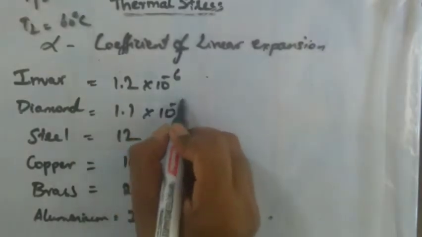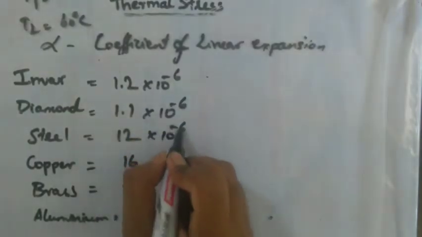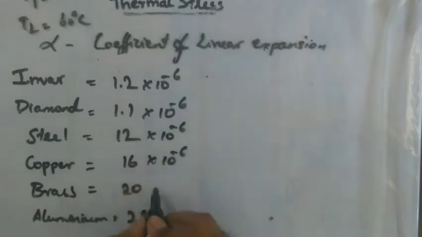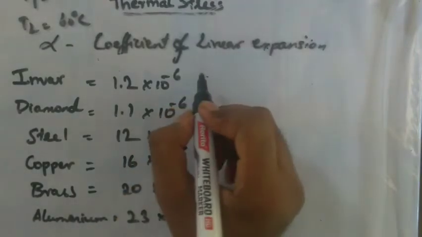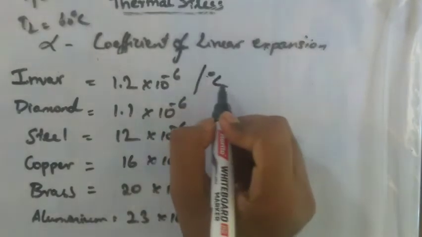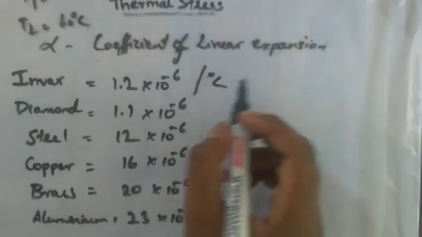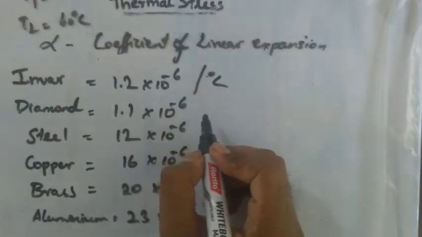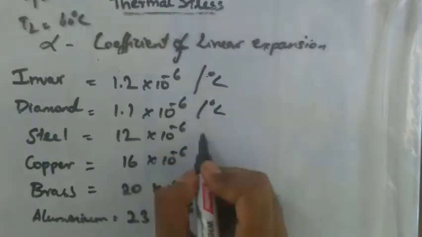The values are 1.2, 1.1, 12, 16, 20, 23, each multiplied by 10 to the power minus 6. All the units are per degree centigrade. Alpha, the coefficient of linear expansion, has the unit per degree centigrade.